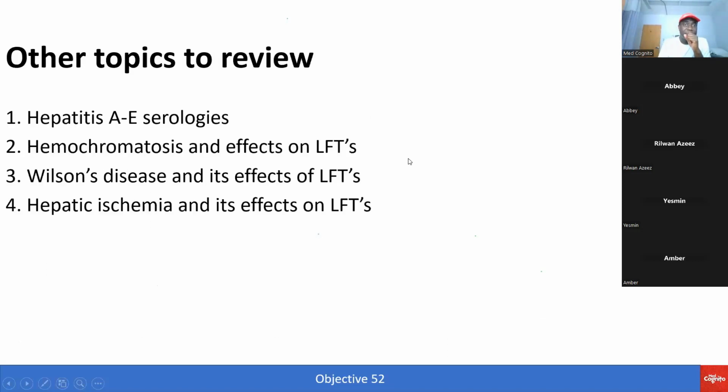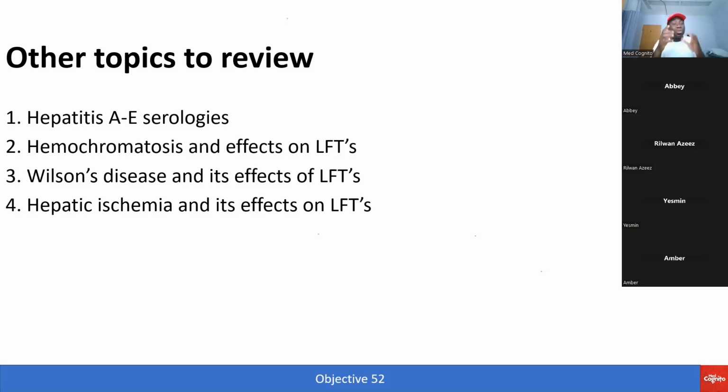Other topics I wanted to review will be the serologies for hepatitis A to E, hemochromatosis and its effects on liver function, and the best next step for hemochromatosis, Wilson's disease and its effects on liver function, and the next best step for that, and then hepatic ischemia and its effects on liver function tests.